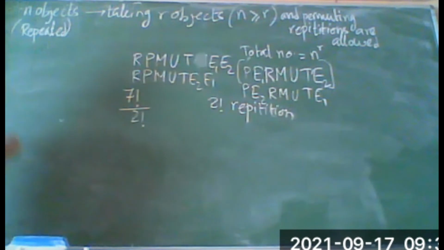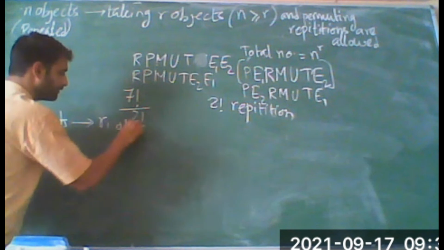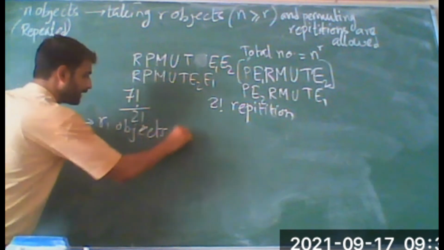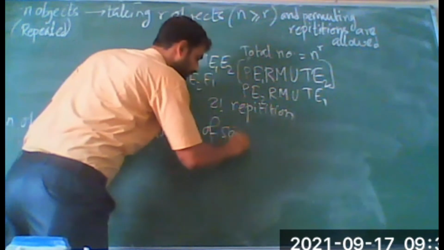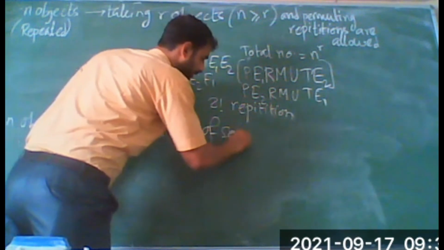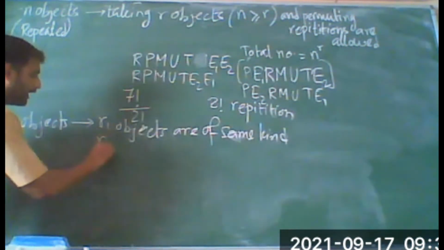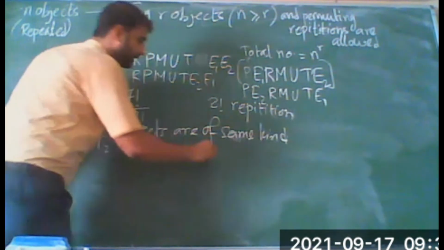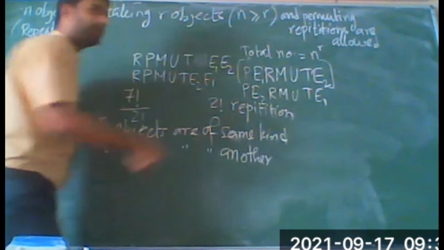Let me tell you the general case. N objects are there, among which R1 objects are of the same kind. Again, R2 objects are of another kind, meaning some other repeated letter.